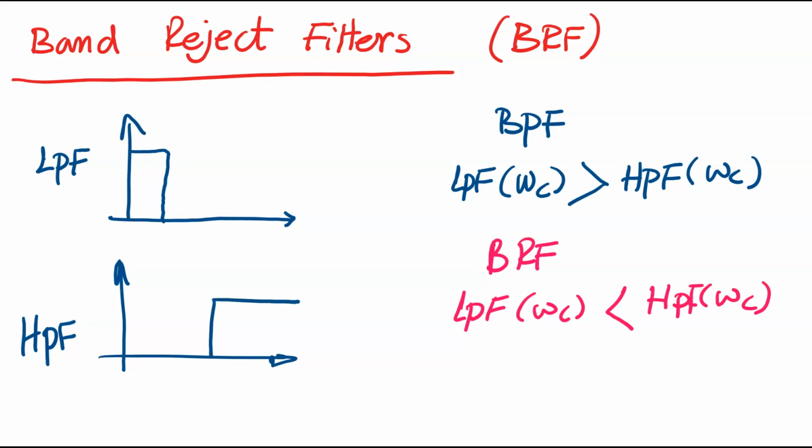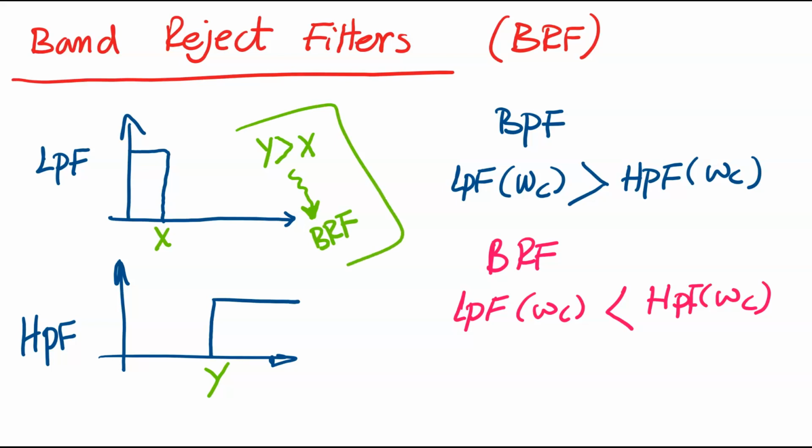Let's call the cutoff frequency of the low pass as X and the cutoff frequency of high pass as Y. So I can describe the same constraint here in terms of X and Y. So Y should be greater than X in order to be able to design a band reject filter. So that's the very first constraint that we need to have.